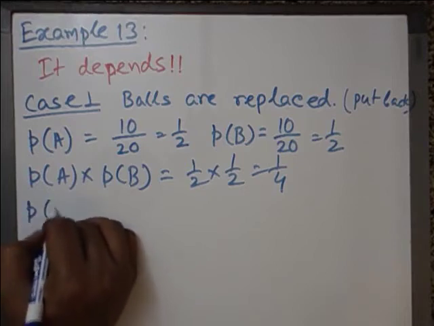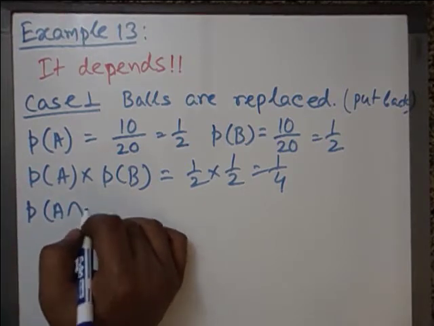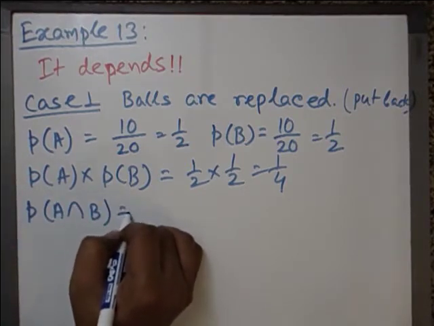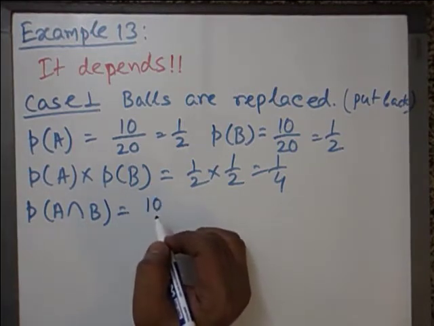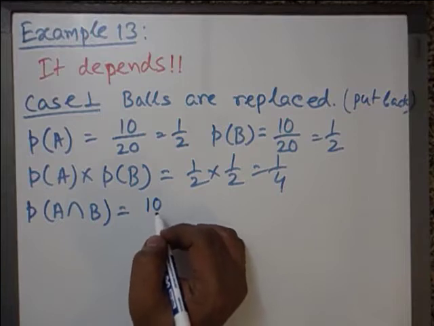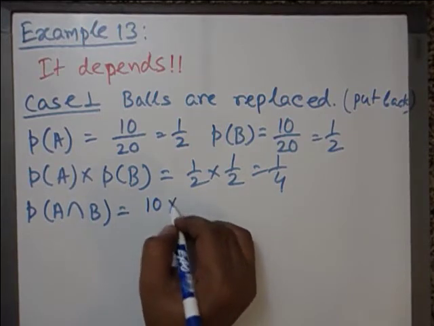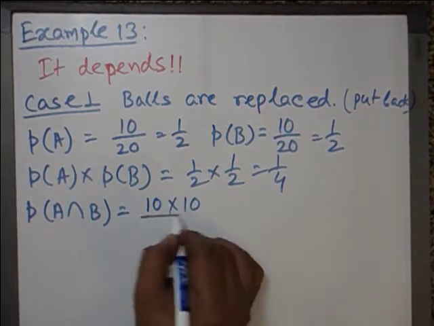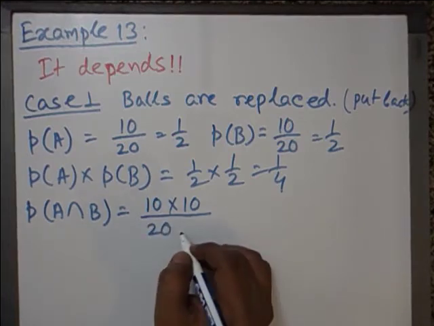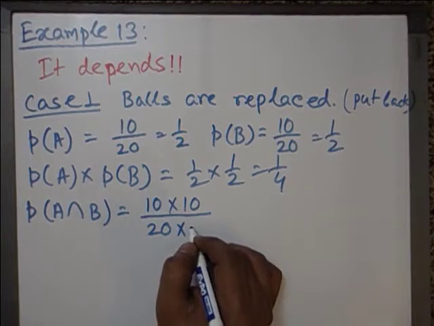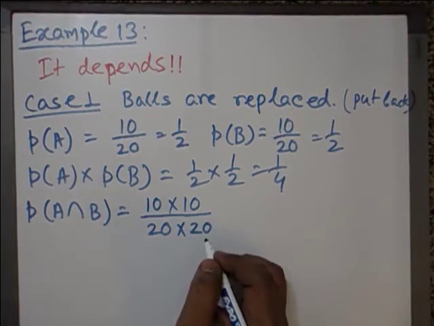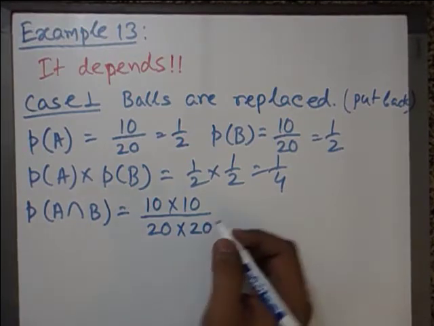What is P of A intersection B? How many red balls can you get in the first round? 10. How many can you get in the second round? 10. How many balls are there in the first round? 20. In the second round, 20, because the first ball has been put back.